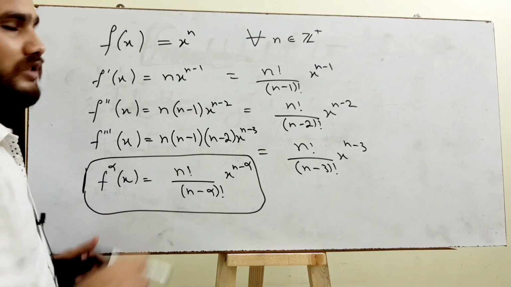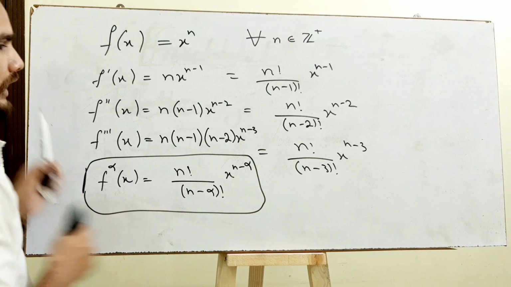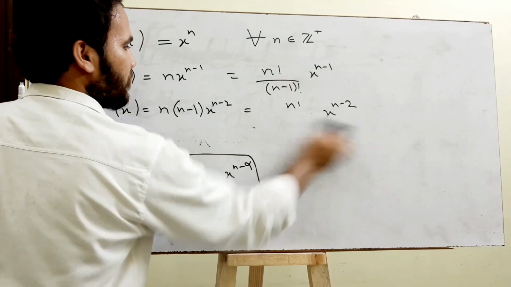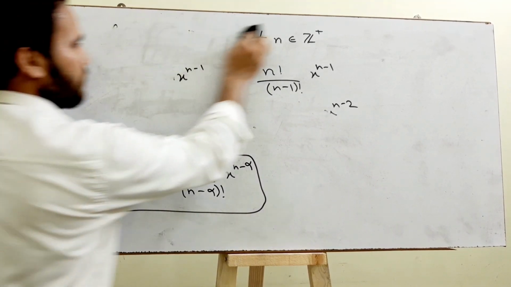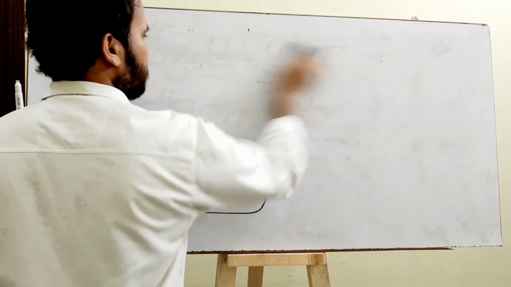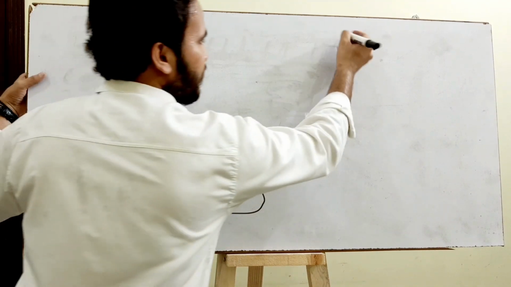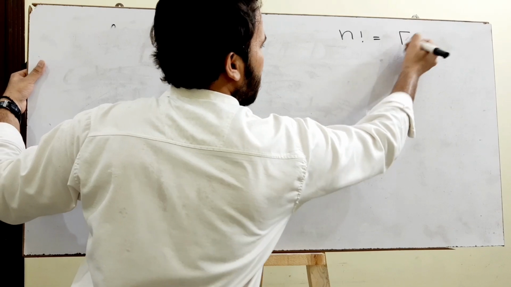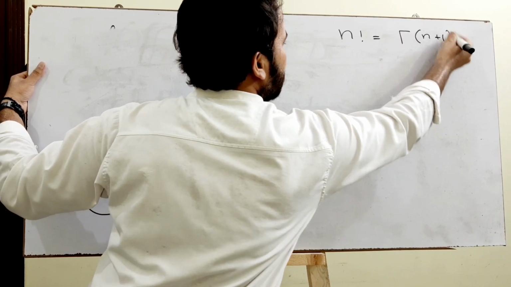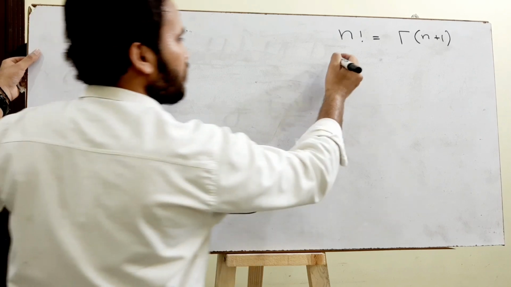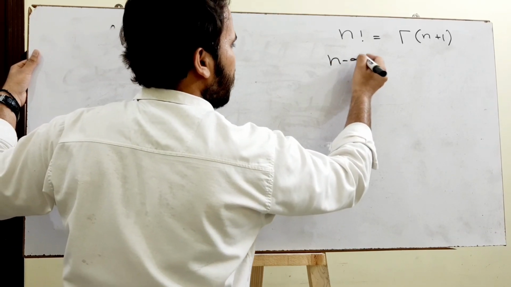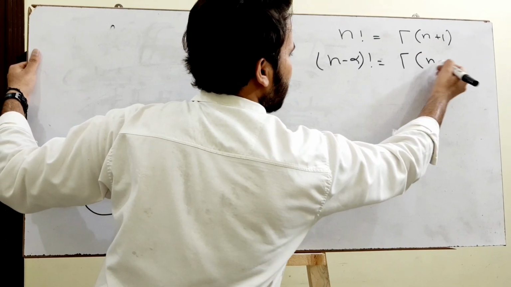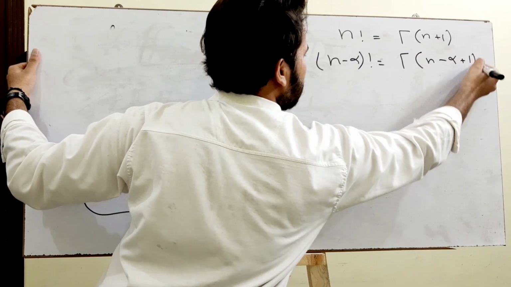I want to change the domain of n, so I can change this by using some facts. We know that n factorial equals gamma of n plus 1, and (n-alpha) factorial will be gamma of n minus alpha plus 1.